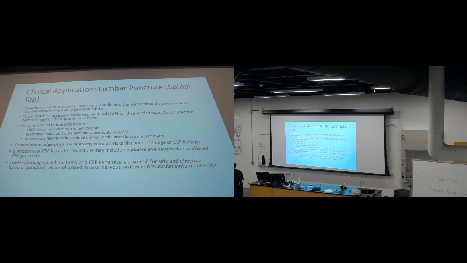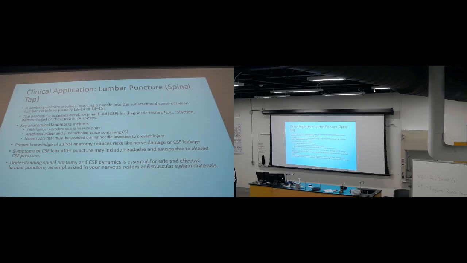When someone introduces a needle to withdraw cerebrospinal fluid, which is also called a spinal tap, usually that's supposed to be between L3 and L4, or L4 and L5. It has to go into the subarachnoid space where we have CSF. If you do it above, you run the risk of damaging the spinal cord, okay?